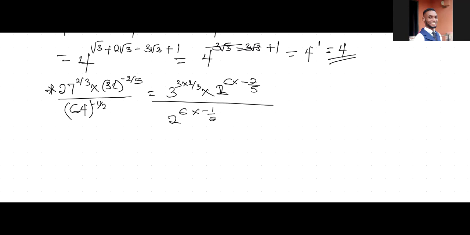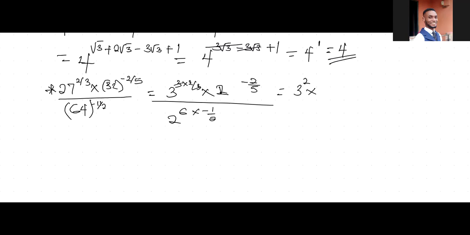Okay, so this 3, you cancel this 3, then you'll be left with 3 raised to the power of 2. Since 32 is 2 raised to the power of 5, rather not 6, 2 raised to the power of 5. Let me write it well.